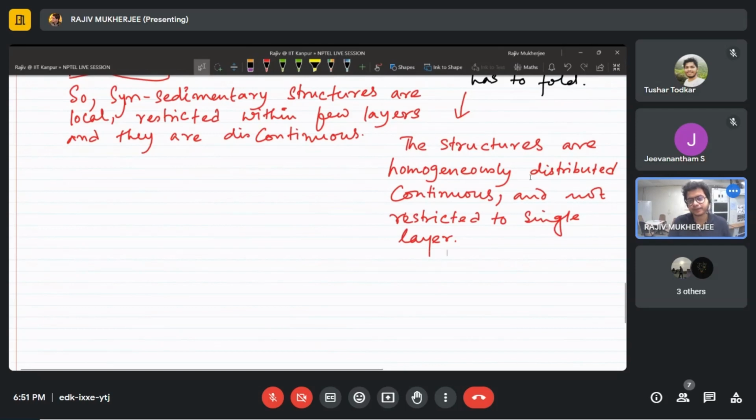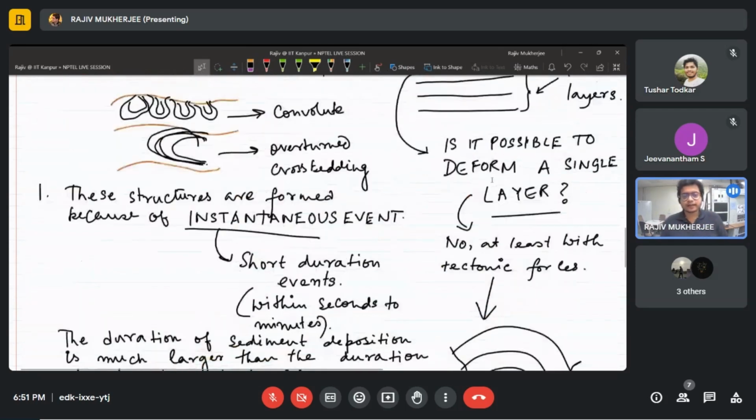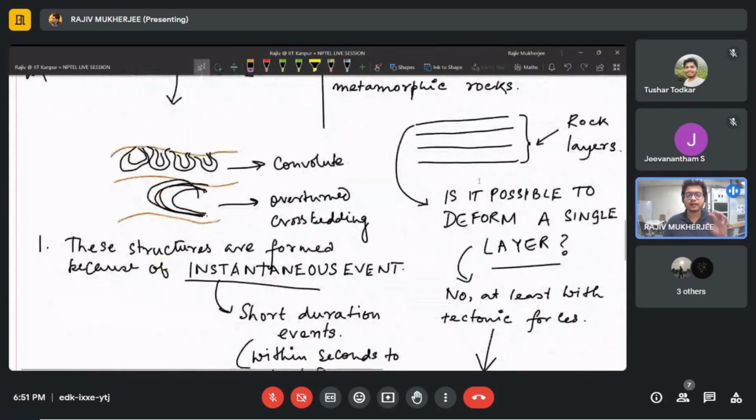Okay. So for tectonic structures, the deformation would be observed throughout the layers.